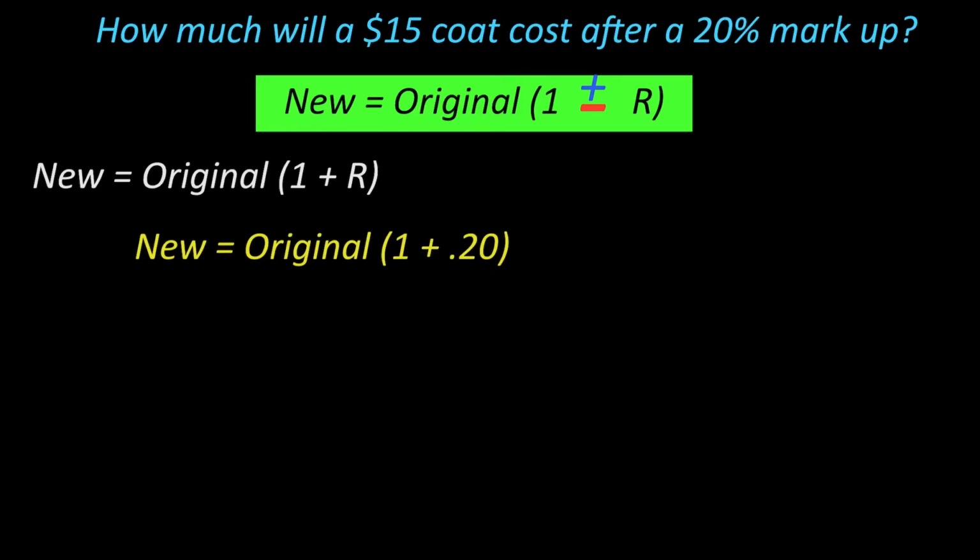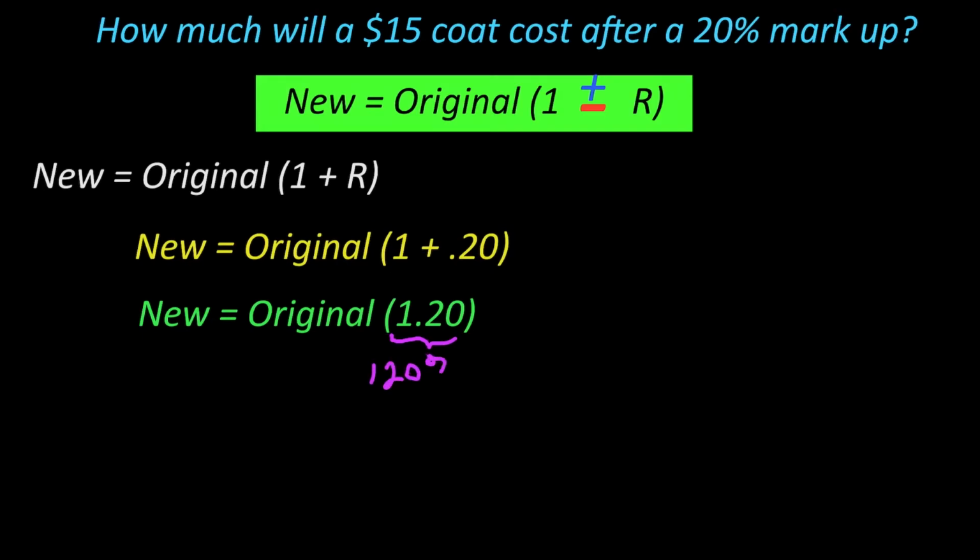We convert r, namely 20%, to a decimal. We add that to 1 to get 1.20. And here's where I feel this formula is very intuitive, because 1.20, as you know, is the decimal form of 120%. Here, we're not paying the original price.